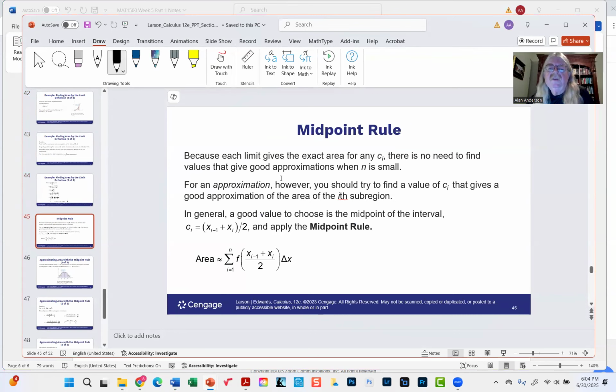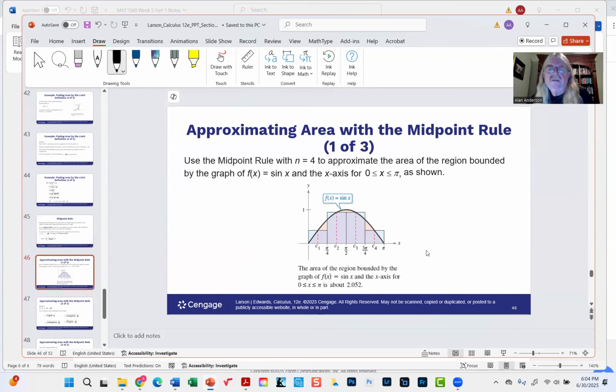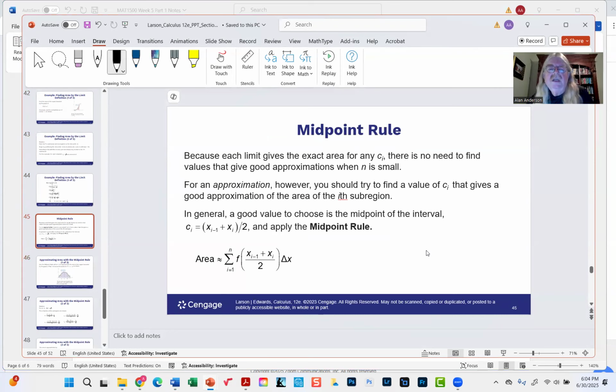And so this is what they're asking us to do. So the area of interest, according to this, is going to be right here.